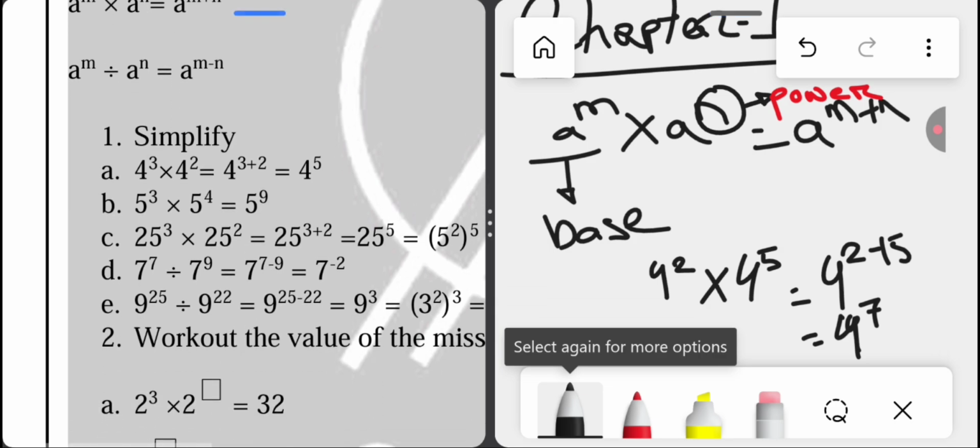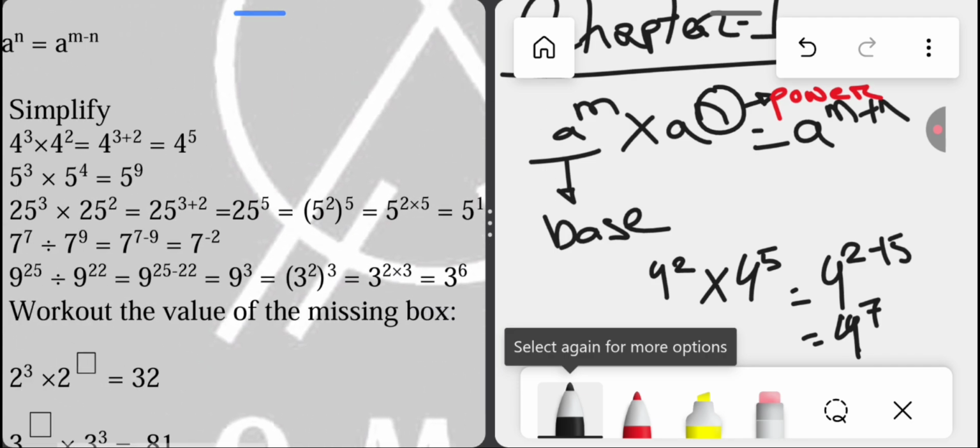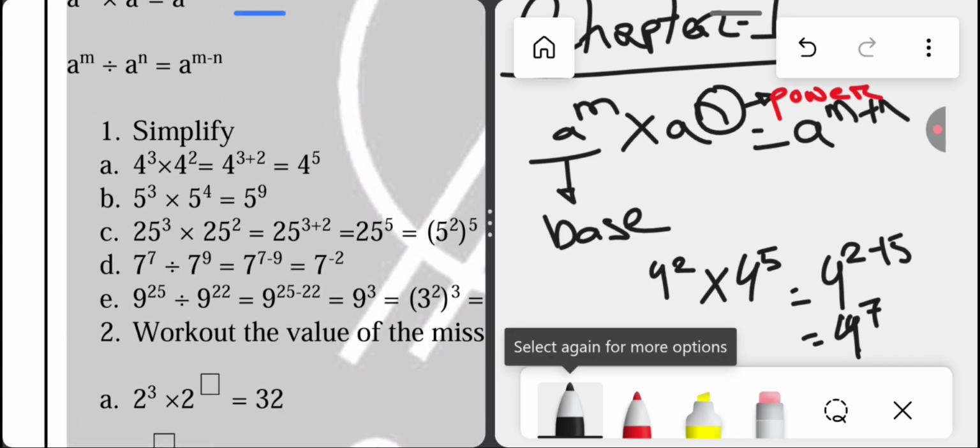Here I have also given many examples. The first one is 4 cube into 4 square. Here both bases are the same, both have 4s, right? And it's being multiplied, so 4 to the power 3 plus 2.